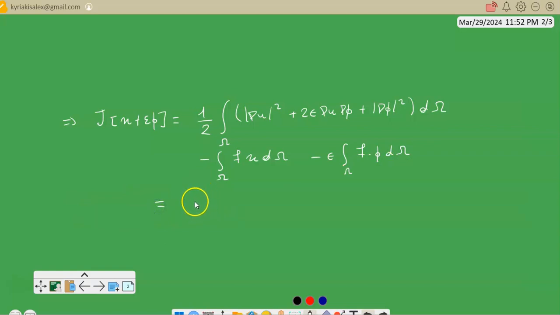How can we write this? 1 divided by 2 integral over omega. We split this integral here.